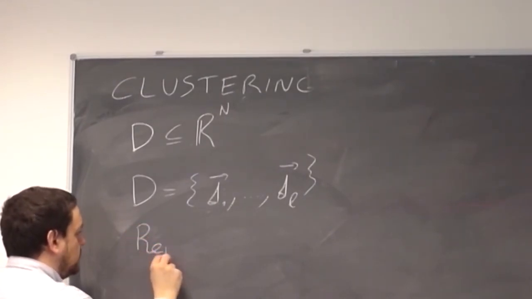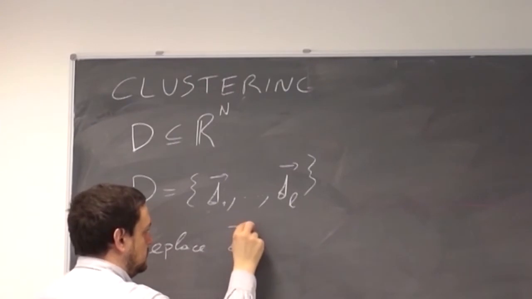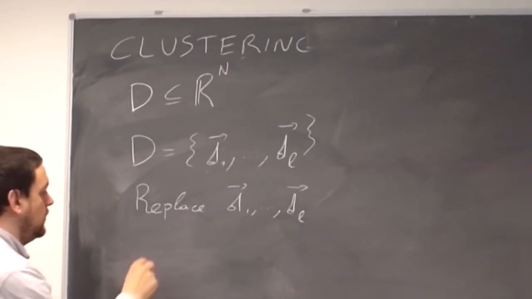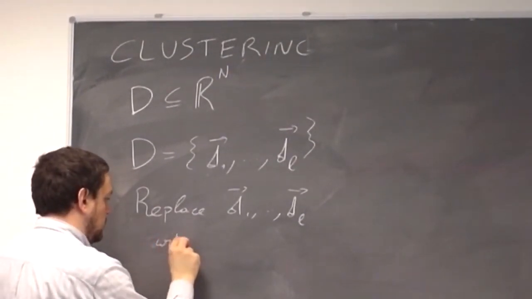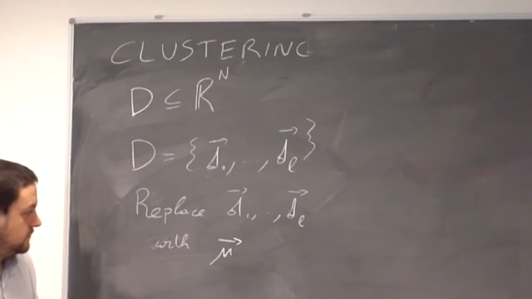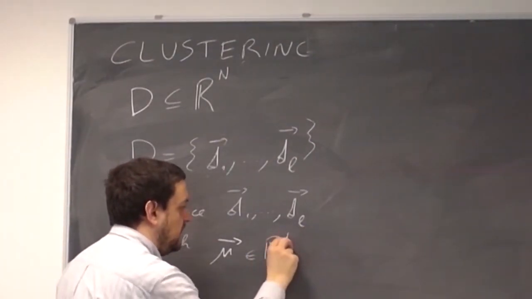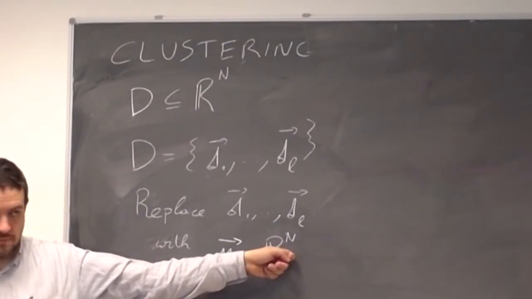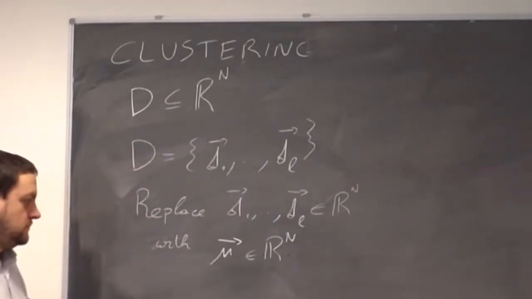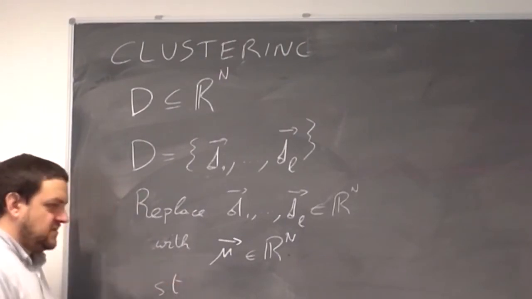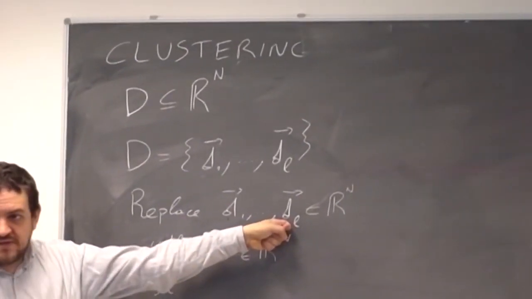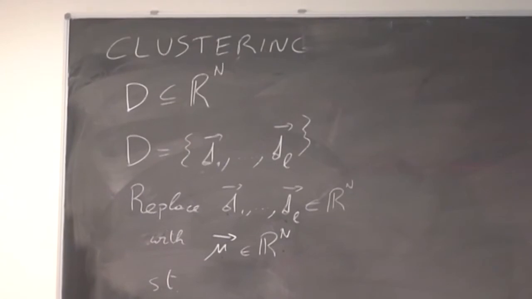My question is, I want to replace d1, ..., dL with a single vector, let's call it mu, in the same vector space, because all these belong, of course, to it, such that this vector approximates these elements as well as possible.